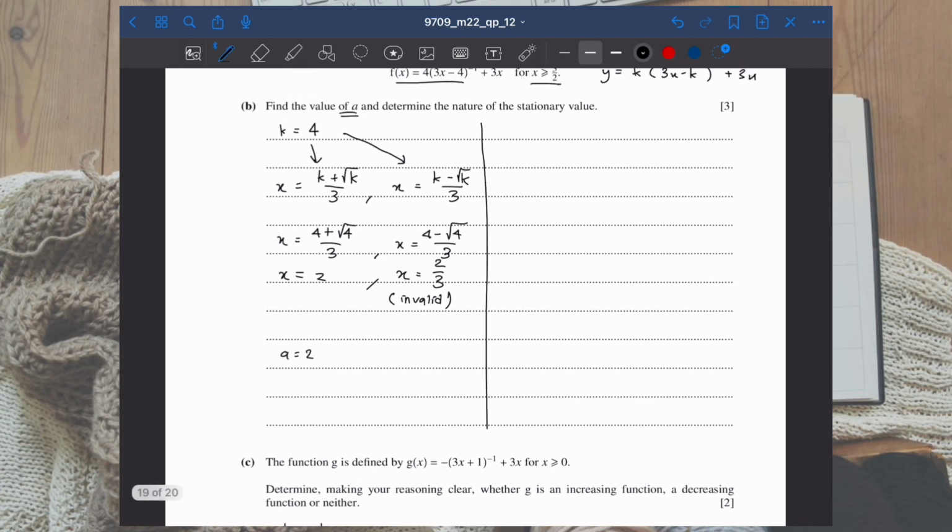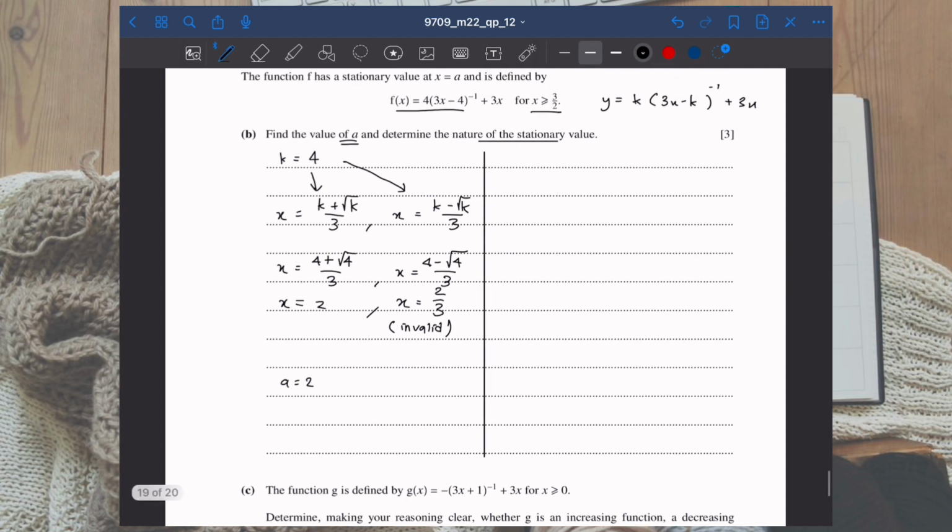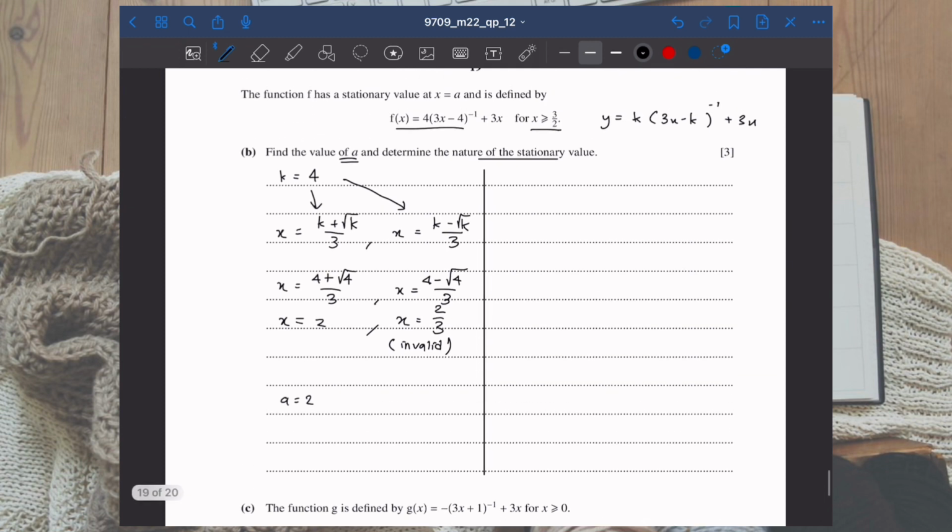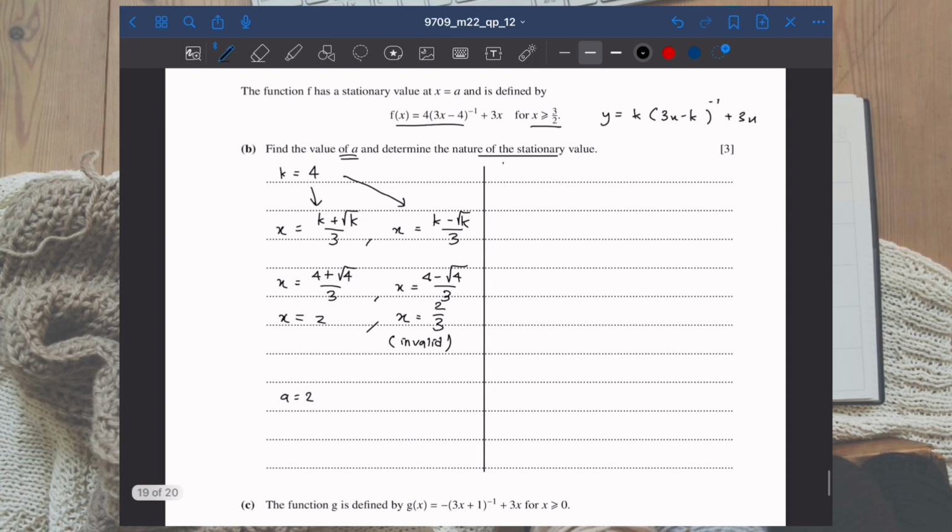Now to find the nature of the stationary value, we'll need to differentiate our dy/dx further. So earlier our dy/dx was negative 3k times (3x minus k) to the power of negative 2, plus 3.